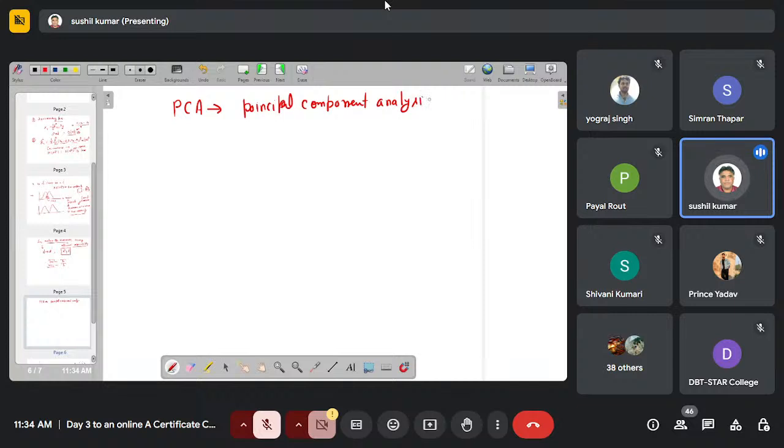Another technique is called MDA, multiple discriminant analysis. We are not going into detail of this technique.